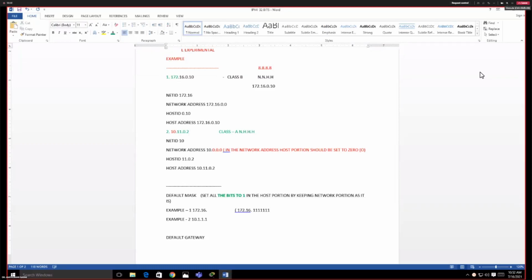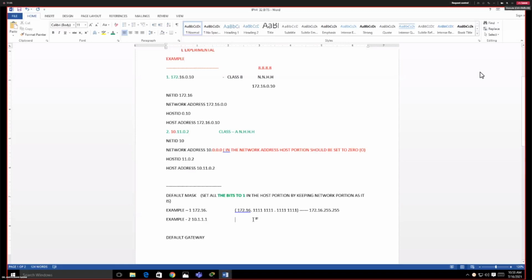So 8 bits and then 8 bits. If you convert this value into decimals, then it is 172.16.255.255. This is correct or incorrect? Correct, sir.